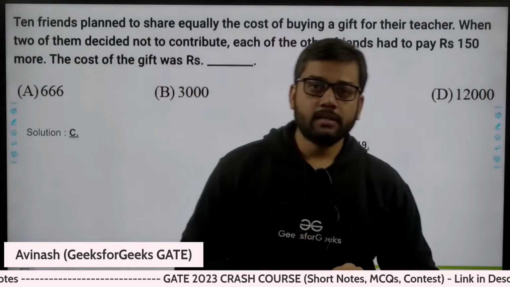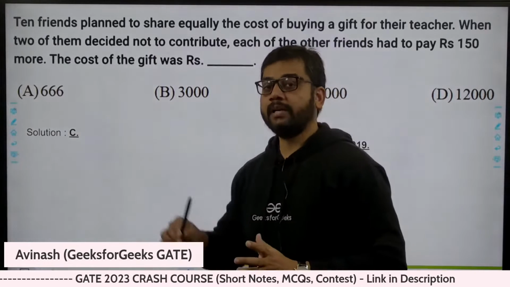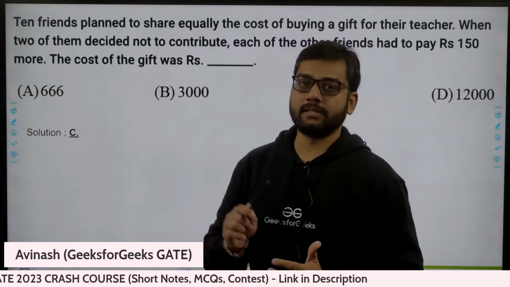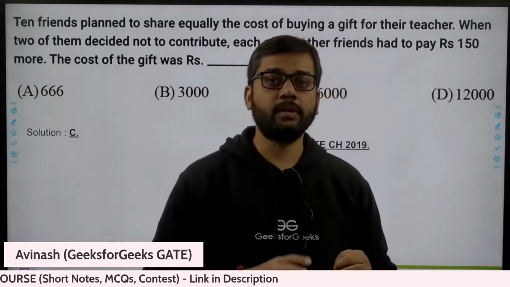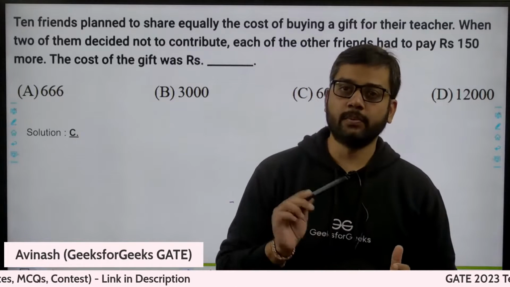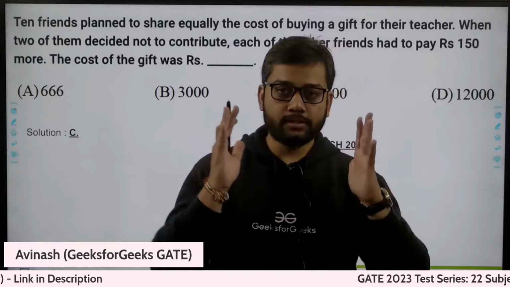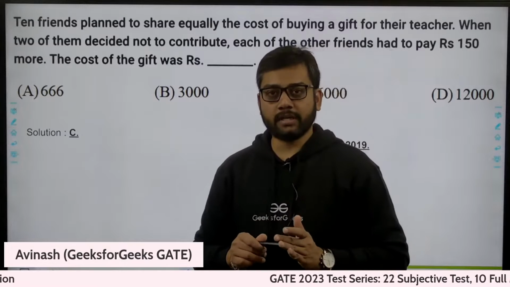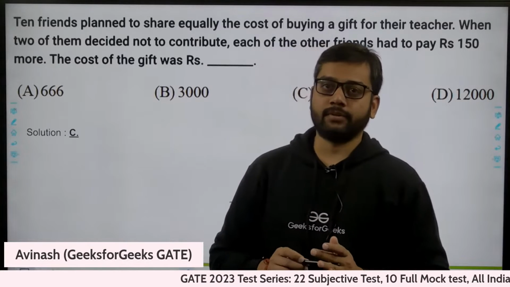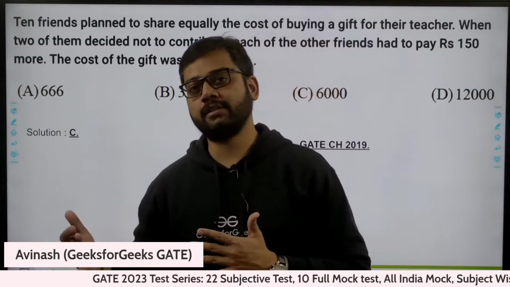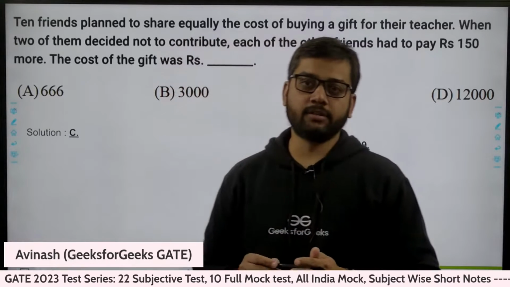See, some students will solve this question by applying the formula. I understand you can also solve the question by applying the formula, but only a small part of the question. Just assume this: 10 friends, and you are about to buy a gift. Everyone has a certain price to pay as a contribution.